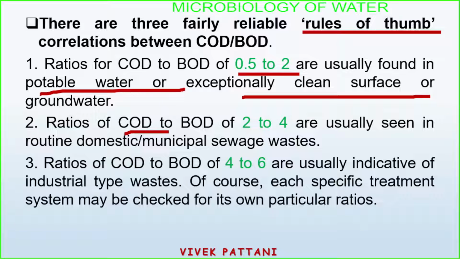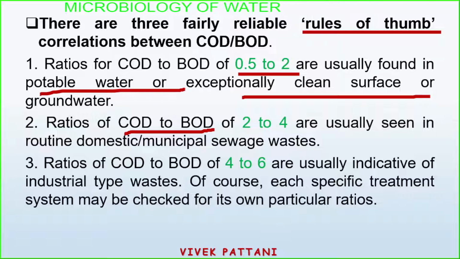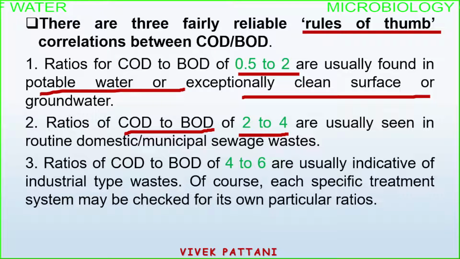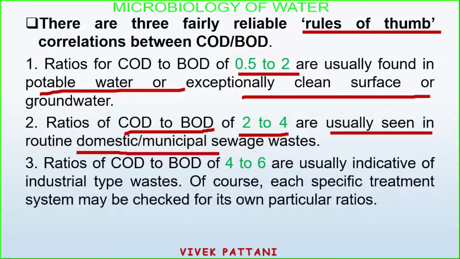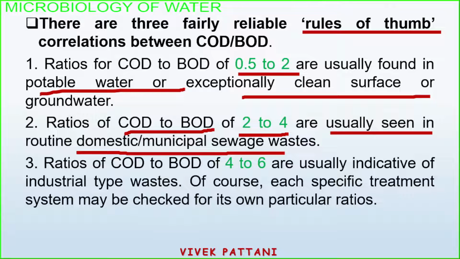Next, ratios of COD to BOD around 2 to 4 are usually seen in routine domestic or municipal sewage wastes.